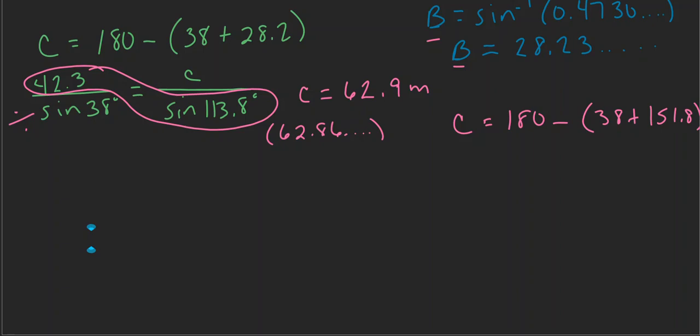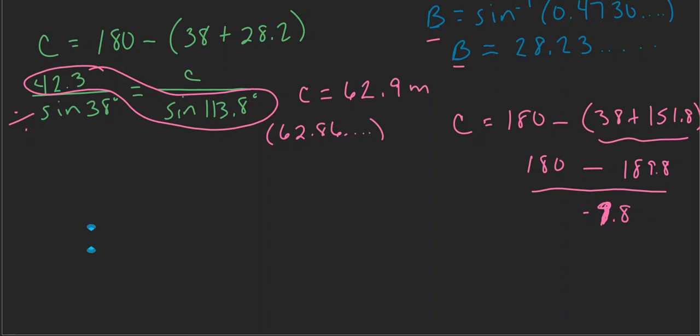If I add those two, I get 189.8. And if I do 180 minus 189.8, I end up with a negative number, negative 9.8, which is not possible.